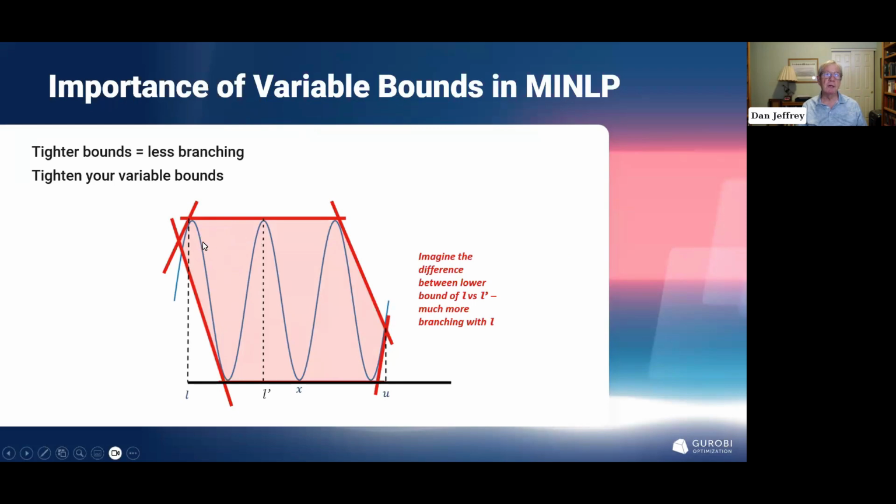We have this whole space between L and L prime that'll have to be branched on. Whereas if our lower bound were L prime, we could avoid doing all that branching. So every little effort you can make at tightening the bounds of your variables will make this problem solve much, much faster, not just a little bit. Bounds are critical for MINLP.